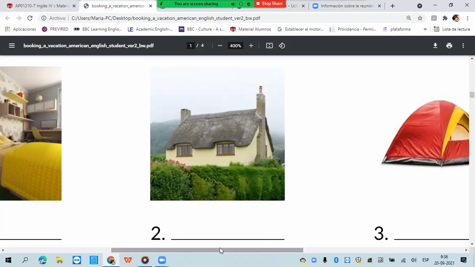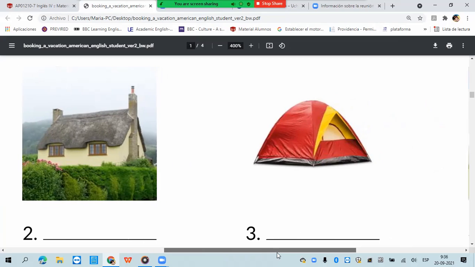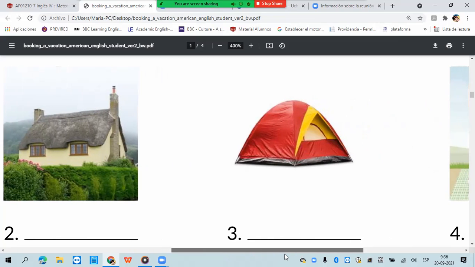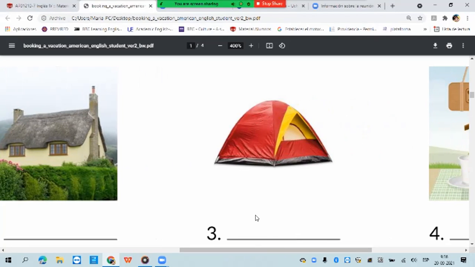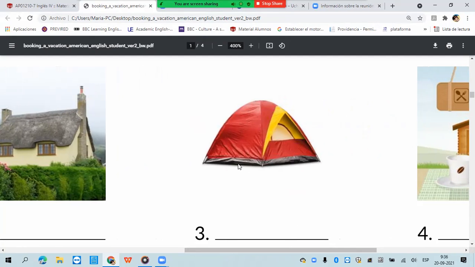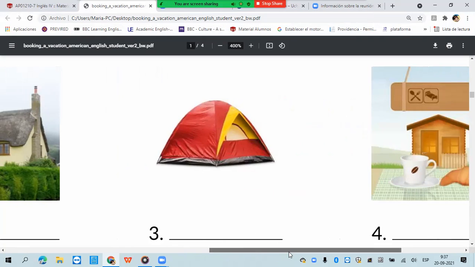They may be big or small. Good. Well, number 3, no much doubt, I think. What is this? A tent. A tent, right.